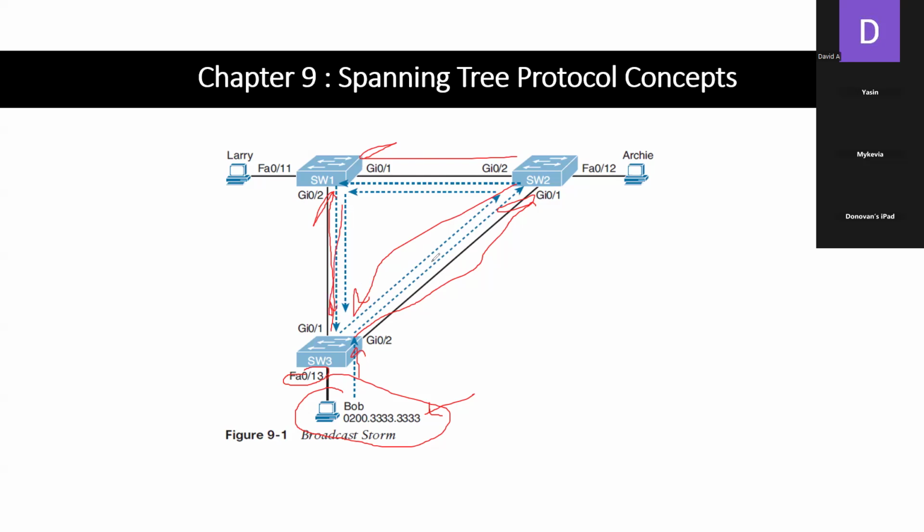Now that frame is going to come from switch 2 and switch 1, because now the source and destination of the frame has changed. So now switch 3 is going to see that frame and say, hey, I had an entry in my MAC address table for this frame being received on this interface, but I'm going to go ahead and put an entry on gigabit 0/1 as well.